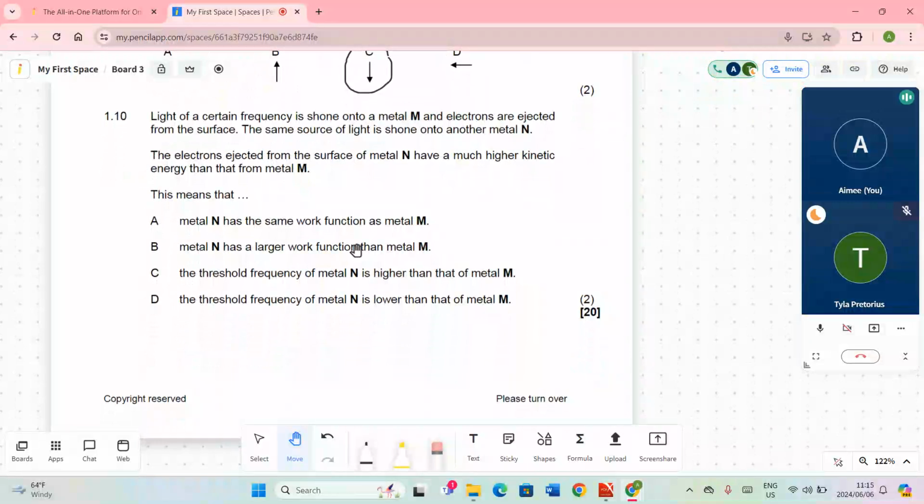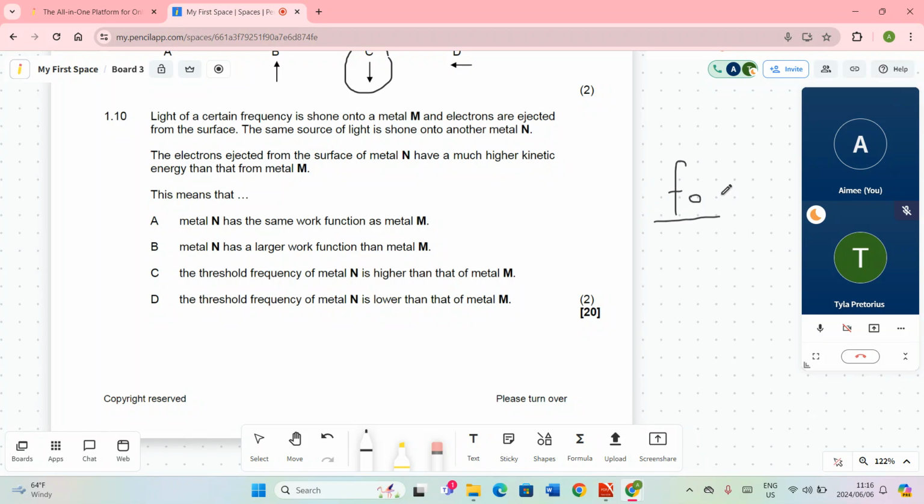The same source of light is shone onto another metal N. The electrons ejected from the surface of metal N have a much higher kinetic energy than that of metal M. This means that, well, first things first, your threshold frequency, which we show with these symbols, is the minimum frequency needed for electrons to be ejected from the surface of a metal.